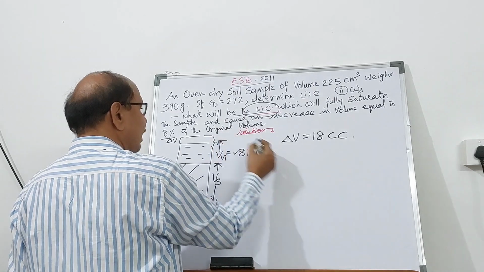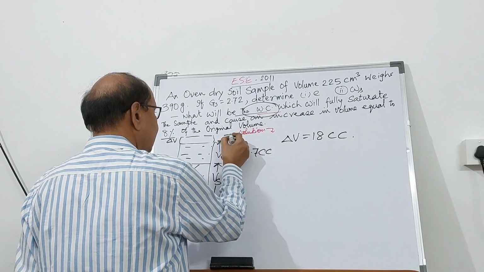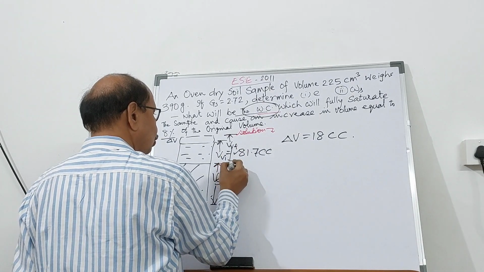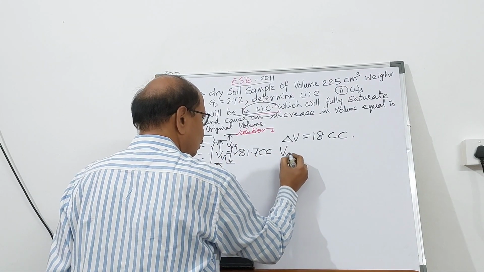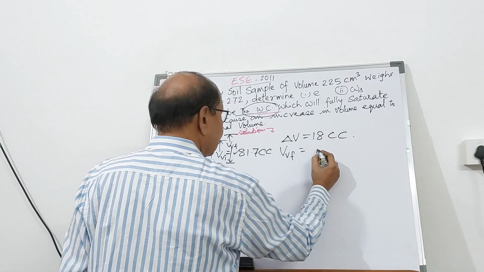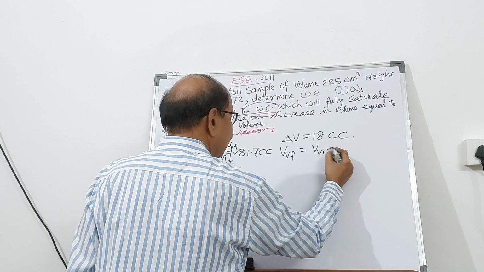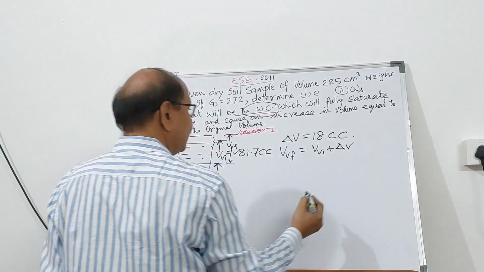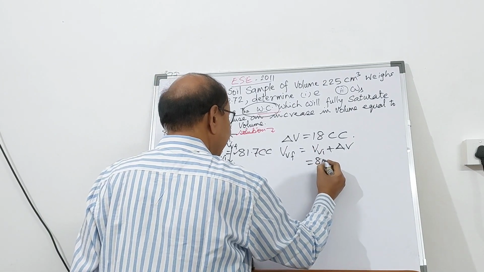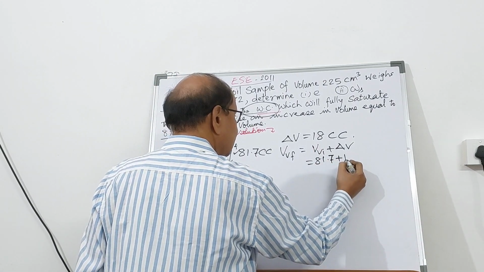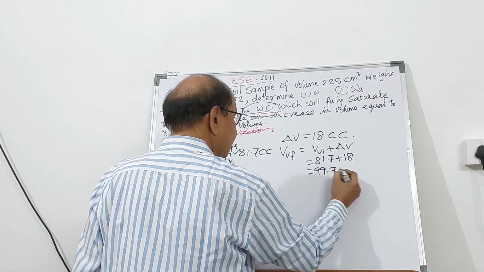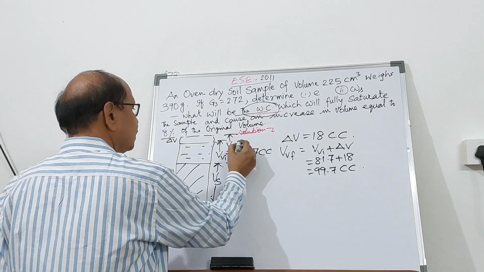Therefore, the final void VVF should be calculated. The final void is going to be VVI, the initial void, plus the increase in the volume which we have calculated. So it becomes 81.7 plus 18, that means it becomes 99.7 cc.